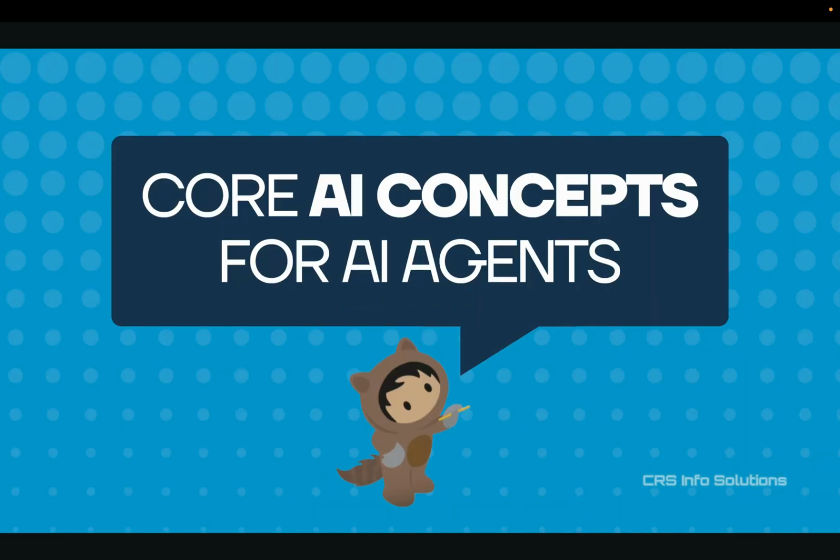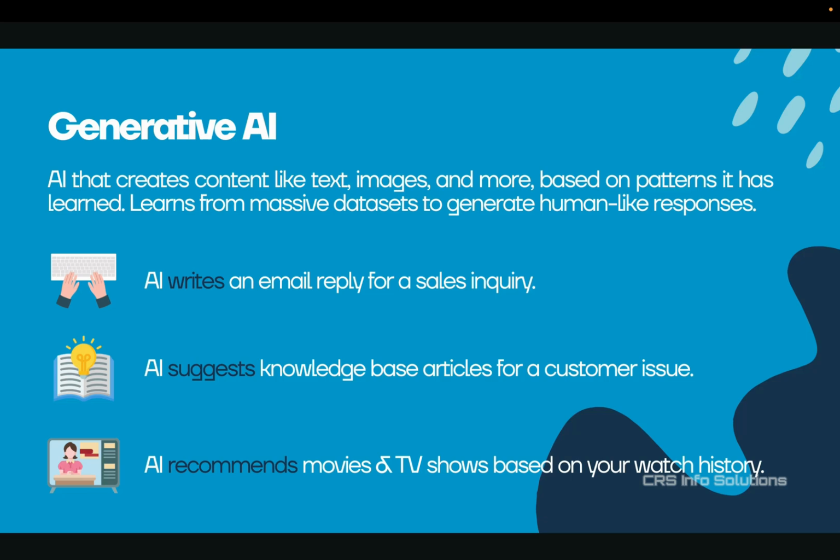So now, before going deeper into AI agents, we are going to learn the core AI concepts. And we will start with generative AI, the engine behind AI agents. Generative AI is AI that creates content like text, emails, summaries, and images. It learns from large datasets and generates human-like responses.